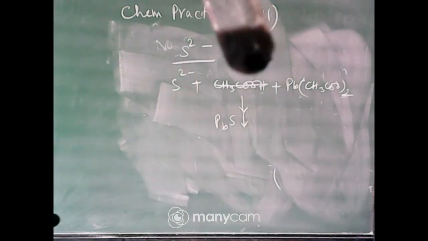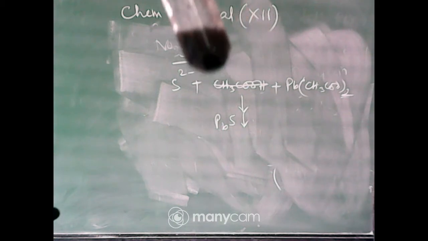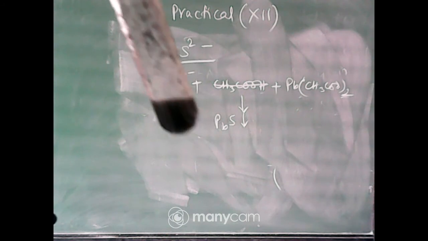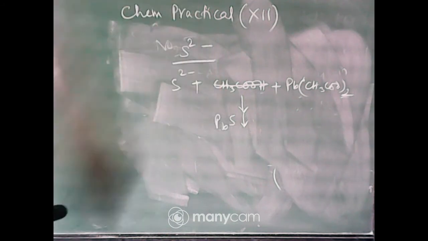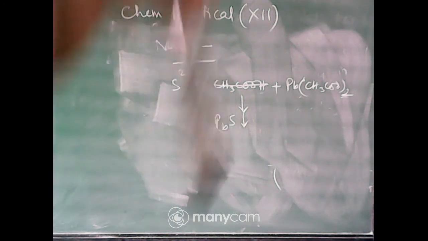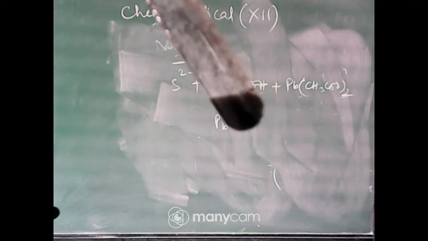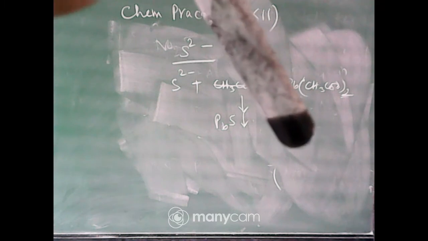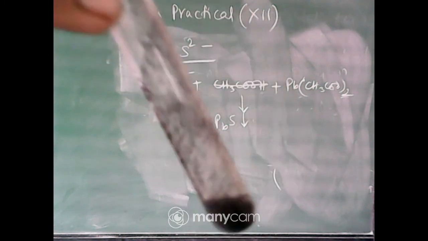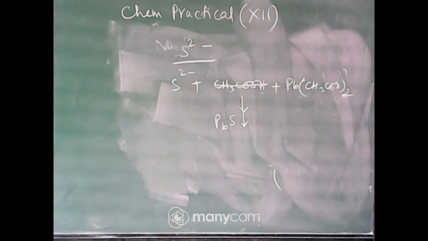If sulfide is present, there is the characteristic smell also, but apart from that you can do this alternate test: aqueous solution, then acidified with acetic acid, and then lead acetate. This produces a black PPT.